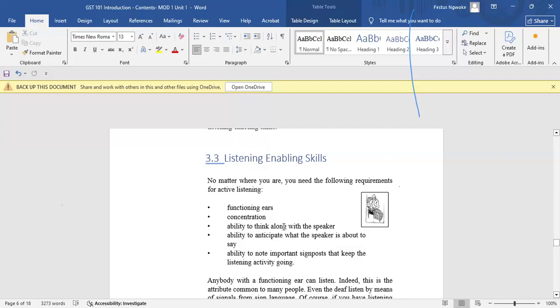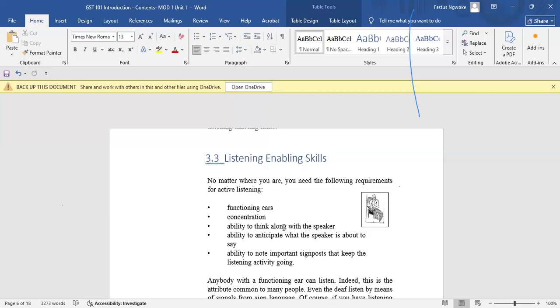So let's go on. Now we are looking at listening enabling skills. What are the things that help to promote listening, to make listening work? These are the things we look at. One is functioning ears.